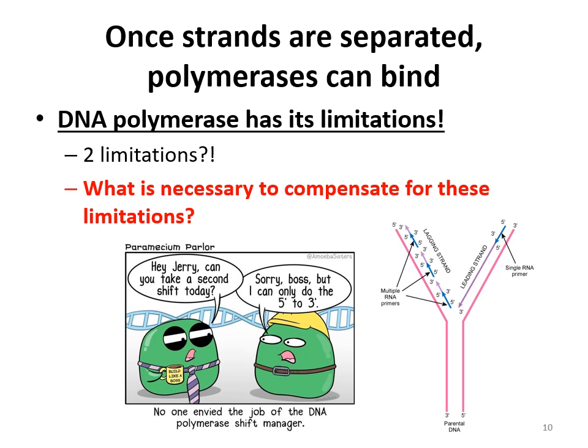Now, once those strands are separated, the polymerases can bind. And when you hear the word polymerase, that means that it is going to build a new strand of nucleic acid. If it's DNA polymerase, it's going to build a strand of DNA. If it's RNA polymerase, it's going to build a strand of RNA. Now, DNA polymerase has two limitations.